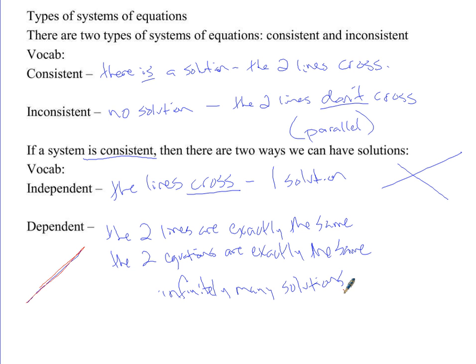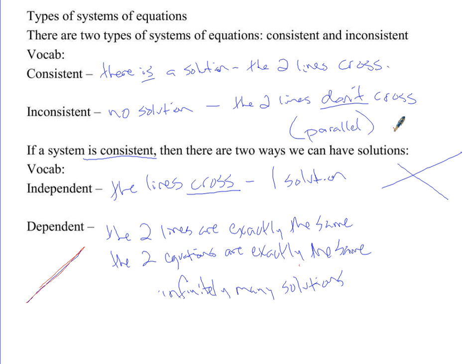So you're going to look at the equations. If the equations are exactly the same, then it's a dependent system. If they're not exactly the same, then take a look at the slopes of the two lines. For parallel lines, the slopes are going to be what? The same. Will the y-intercepts be the same as well? No, they won't.